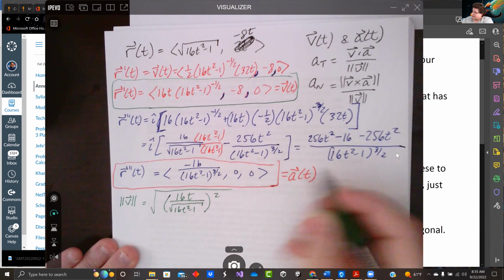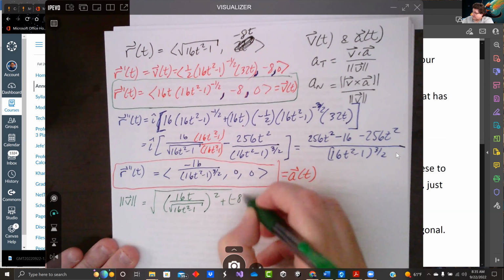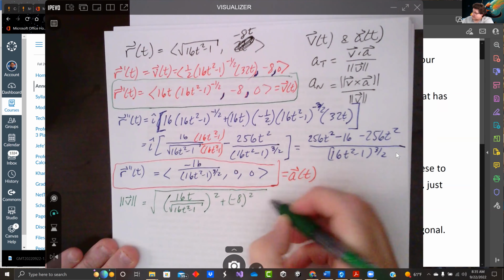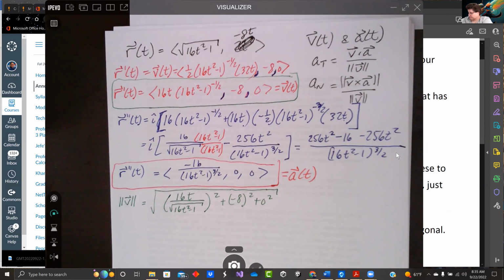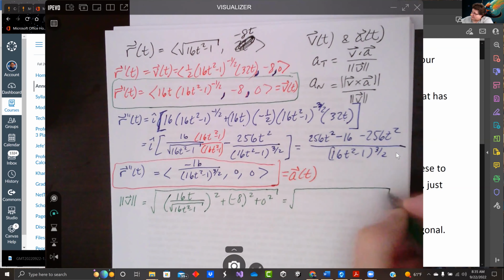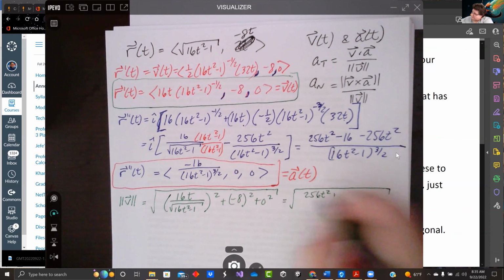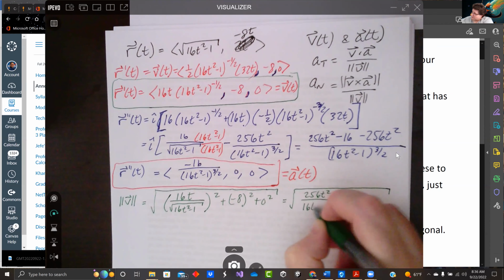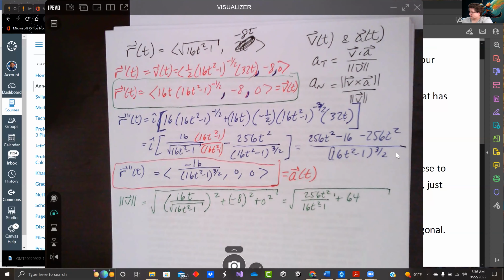That's going to get squared, plus negative 8 squared, plus 0 squared if I do the z component. This is the square root of 256t squared over 16t squared minus 1. I've got plus 64.